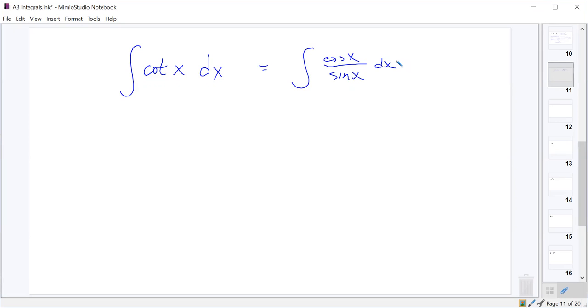So what would our substitution be? Any thoughts? Could you just substitute that entire fraction? So let's think about that. If we try to substitute out the entire fraction, let u equal cosine x over sine x, or let u equal cotangent x, right? Then du would be what?